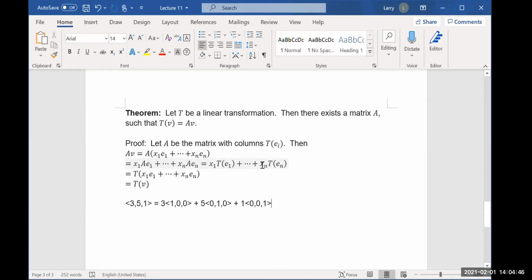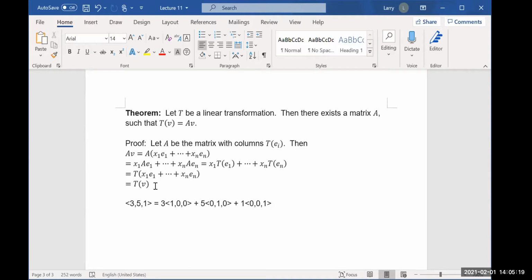But now I have a linear transformation, and when you have a linear transformation, you can put the x's in, and you can bring in the pluses and write it this way: T of (x1 e1 plus ... plus xn en). But x1 e1 plus ... xn en is just v, and that's the proof. Any questions at all on the proof?